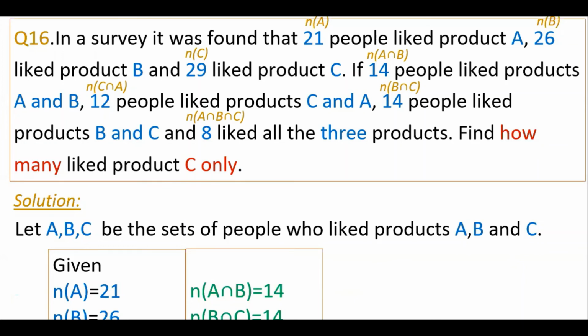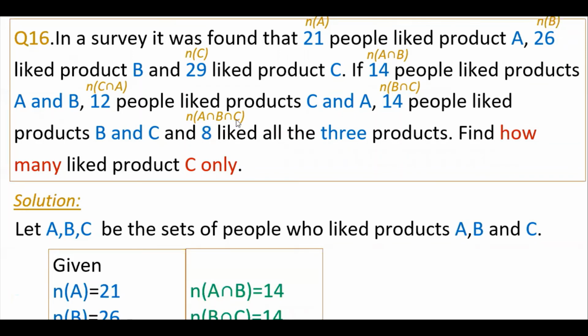So here let A, B, C be the sets of people who liked products A, B, and C. Here n of A is given, that is 21, n of B is 26, n of C is 29, and both A and B. So n of A intersection B is equal to 14, and C and A, so 12, that is n of C intersection A is 12, and here B and C. So n of B intersection C is 14, and all the 3 products, the number of people, that is 8.